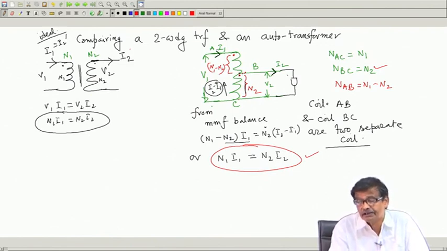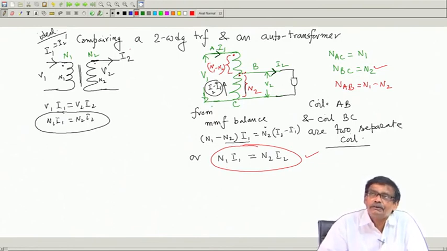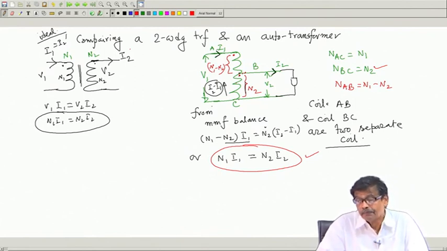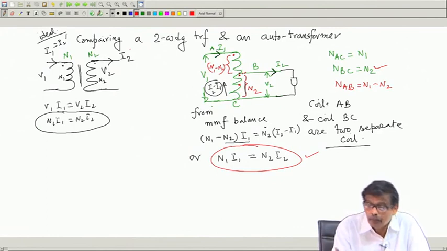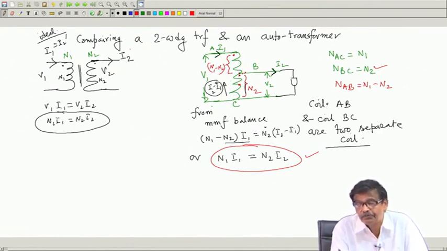Suppose I 2 is the rated current, I 1 will be rated current, no doubt this will be high whatever it is. But in this portion, magnitude of the current will be quite small, and therefore, the sectional area of copper, whatever copper you are using for N 2 number of turns, it will be much thinner compared to the sectional area of this portion.